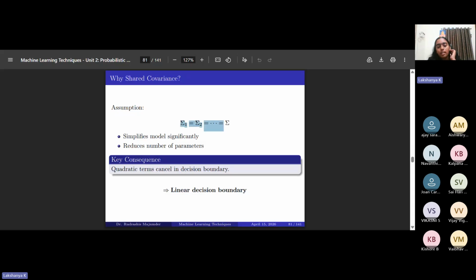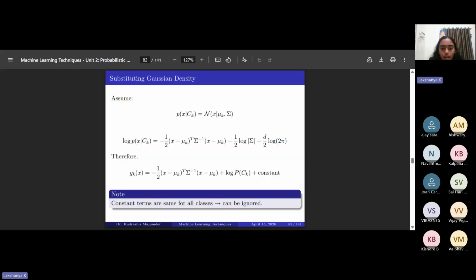So why are we making this assumption that all the Gaussians have the same covariance matrix? It reduces the number of parameters. And we will also see that when you try to find the maximum value of your gk of x with this assumption, a lot of terms cancel out. So one, things become simple, and two, your line of separation becomes linear. It becomes a straight line.